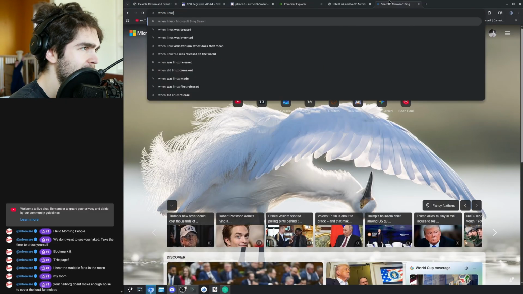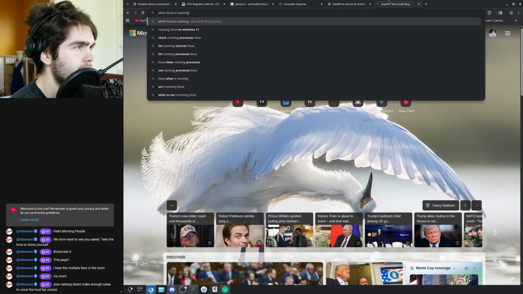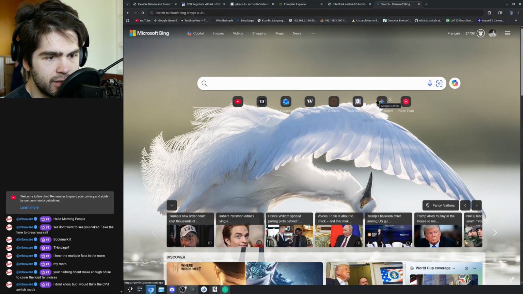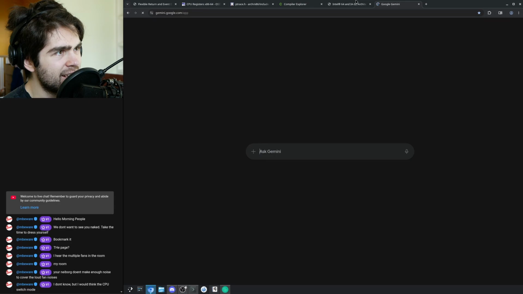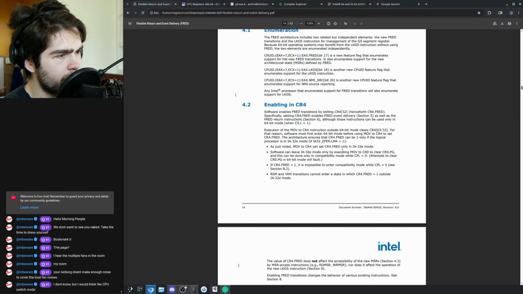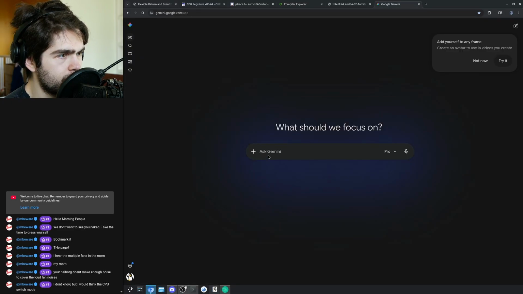When Linux is running, that's an AI question. I don't know, but I would think the CPU switches mode. You see, that was my assumption, but right now, from what we're reading, we would need to be in CPL equals 0, which would mean kernel mode, but that feels wrong to me.